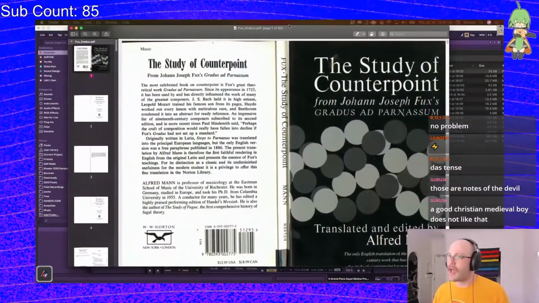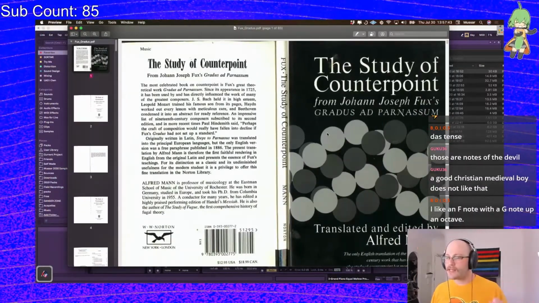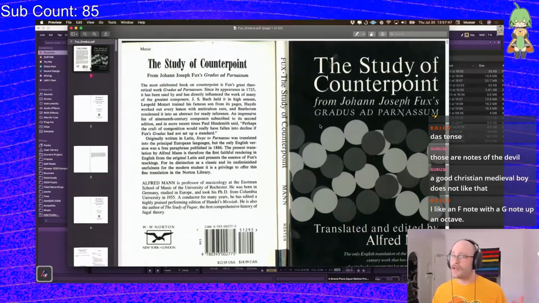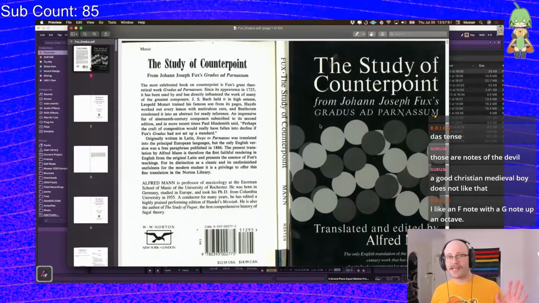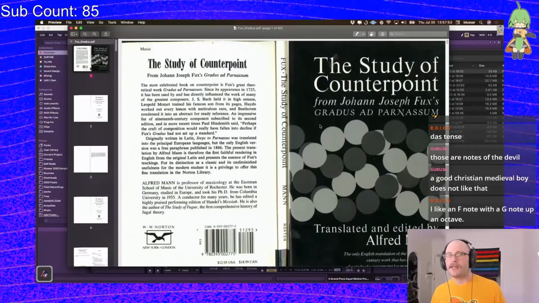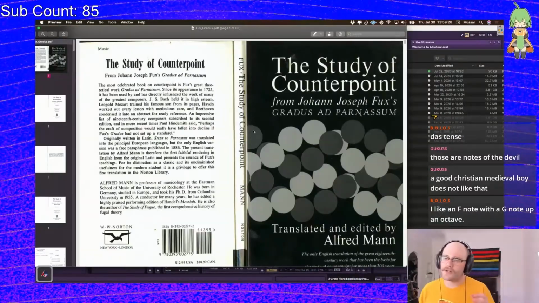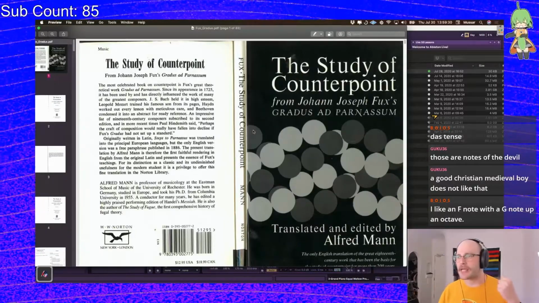This is the book that I have. This is called Gradus ad Parnassum by this old, dead, I think Austrian guy named Johann Fux. This is considered the foundational work for everything counterpoint.